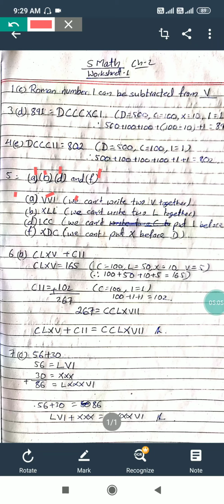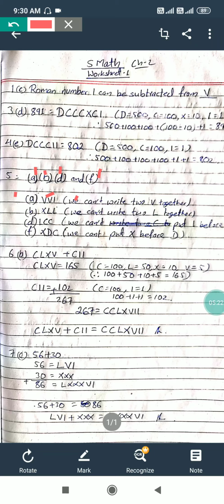Okay, now number D, ICC. We can't put I before C because it is not allowed in the rule.